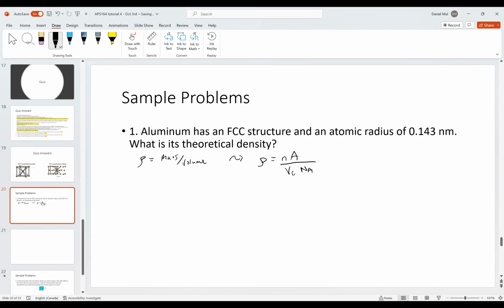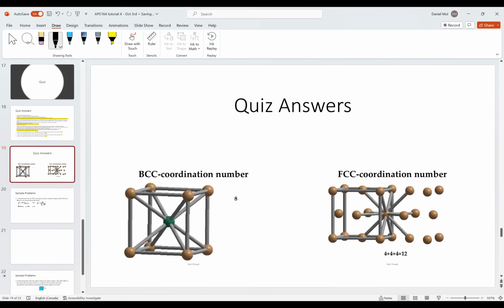Usually we can find that aluminum is FCC. So that gives us that N equals 4 atoms. If we remember from here, if we look at that unit cell, each corner is 1/8, and each face is 1/2.